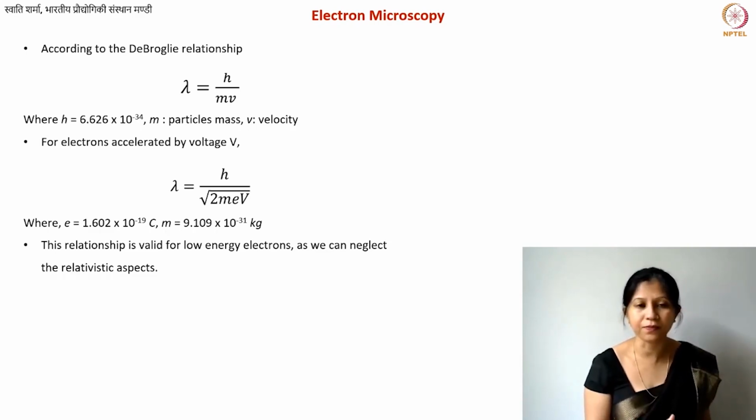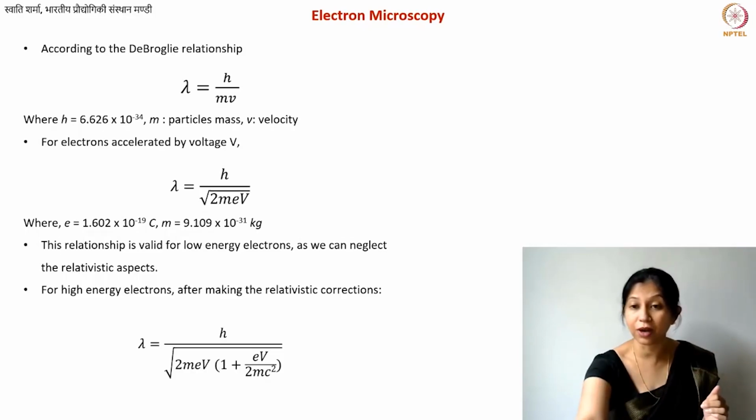For those, this relationship is valid because we are ignoring any relativistic factors. So what happens if we have very high energy electrons and we also need to make relativistic considerations? In that case, this is what the relationship changes to.